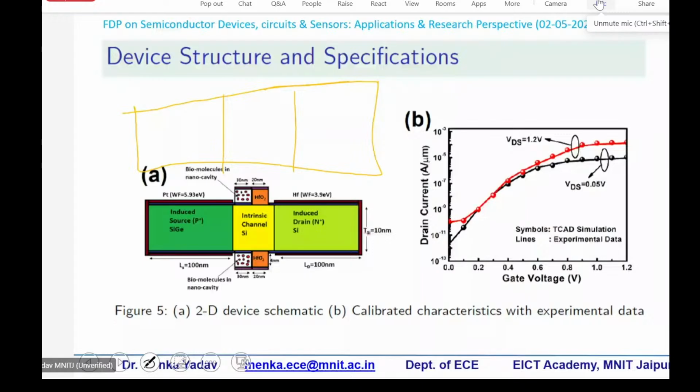You were expected to have the gate oxide over here, and your gate contact over here. This is your gate contact, then the source and the drain.